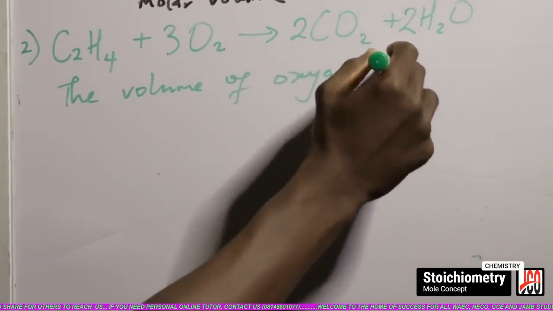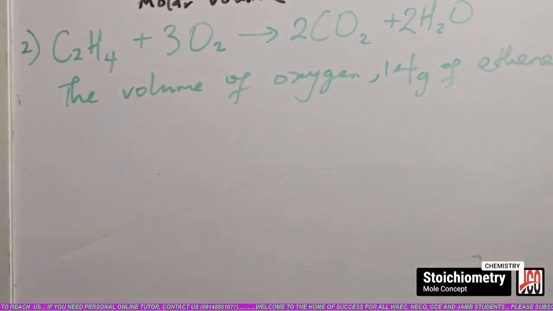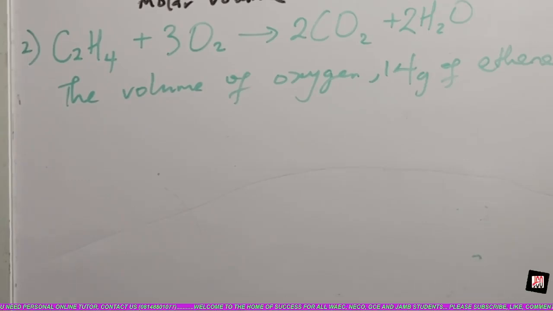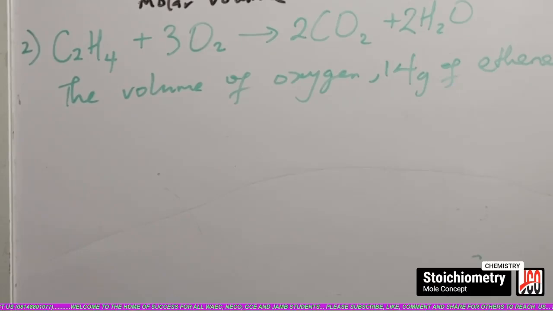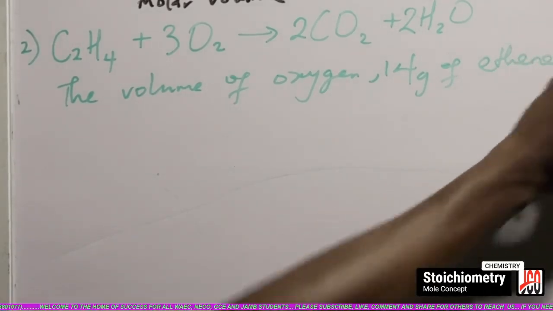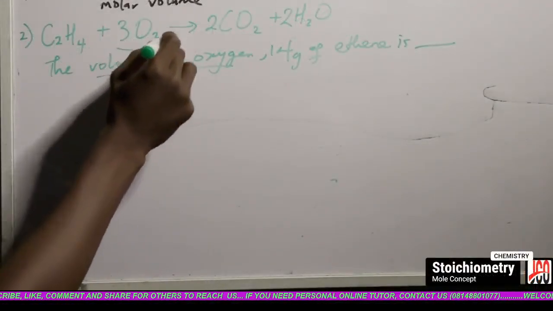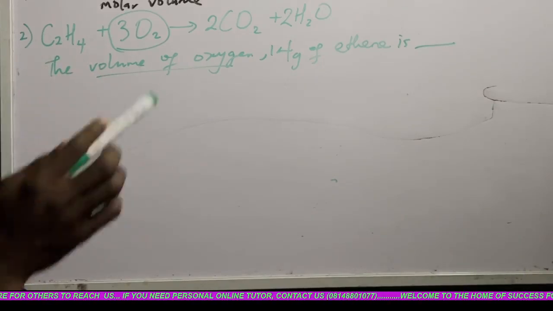So we are looking for the volume of oxygen that we need to burn 14 grams of ethene. This is the oxygen here. Please, I want to believe you can identify ethene here.